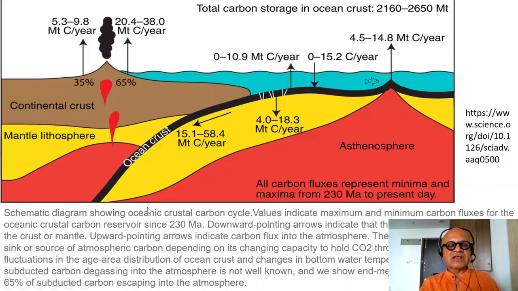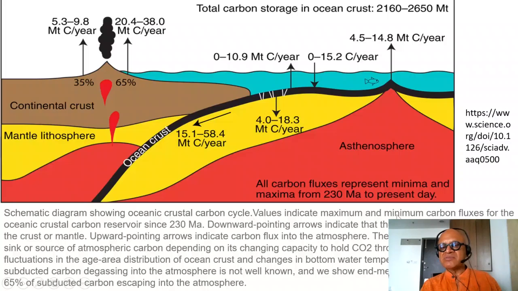Looking at continental crustal controls on the carbon cycle, this is called the slow carbon cycle. So here all carbon fluxes represent minima and maxima from 230 million years ago to present day. From this paper, we are just using this as an example. So we are looking at a schematic diagram showing the oceanic crustal carbon cycle.